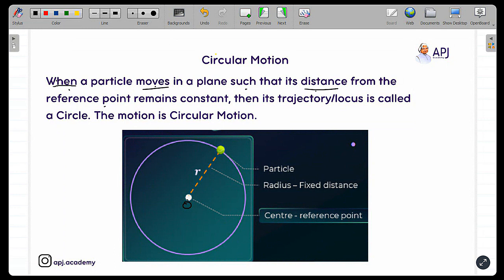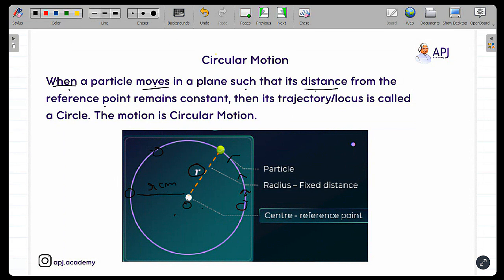If you are moving in a circle, along the circumference like this, then at any point of time your distance from the center is equal to the radius of the circle and remains constant. When you are here, you are r meters away, and when you are here also, you are r meters away from the center. This r can be in centimeters or meters.